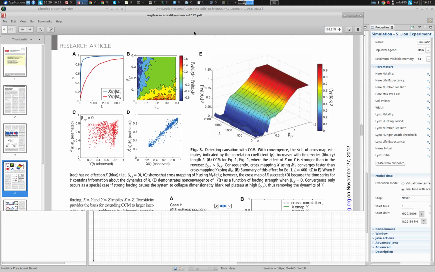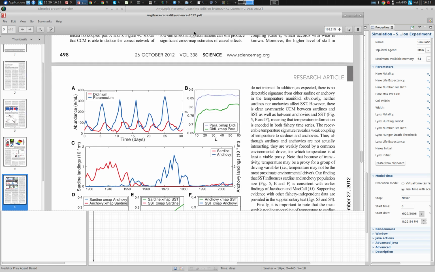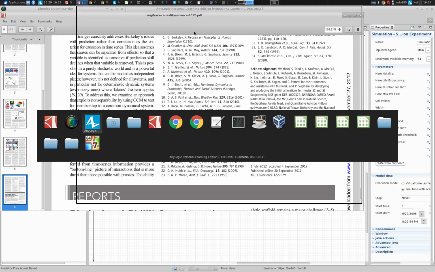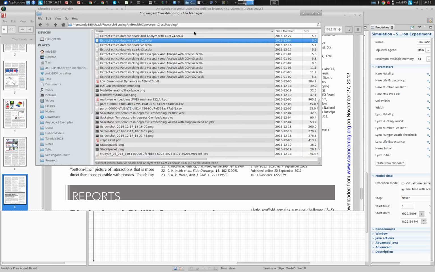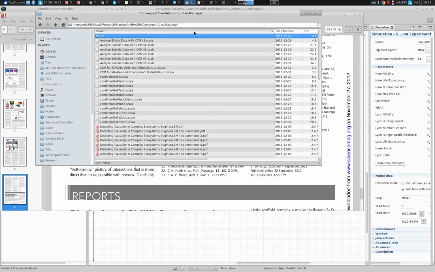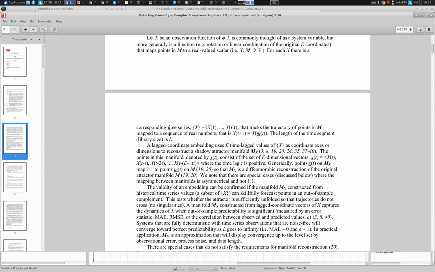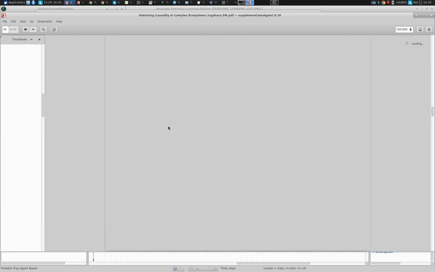It doesn't require tens of thousands or hundreds of thousands of points, although we have those in spades from smartphones. And he uses this to look at a variety of types of data, and notably, within the associated supplemental material, he provides detailed information on exactly how they did this and a large number of different systems to which they've applied this technique.